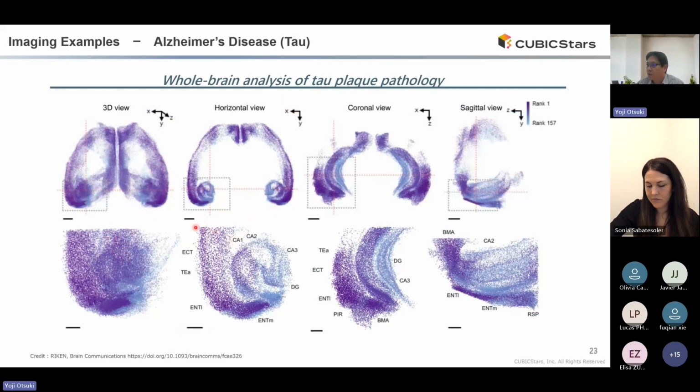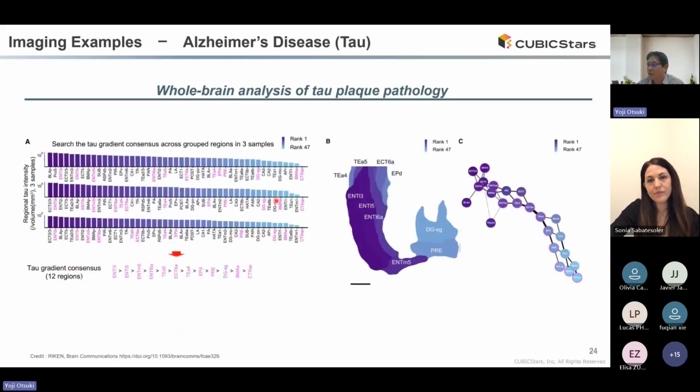And not only just calculating the whole distributions, but they also tried more intensive analysis to evaluate the working hypothesis in this field, such as that the tau plaque is distributing according to the neural circuitry. So to prove this hypothesis, they tried to calculate the density of tau deposit across the brain regions, and then identify the gradient of the tau deposit at the specific brain regions.